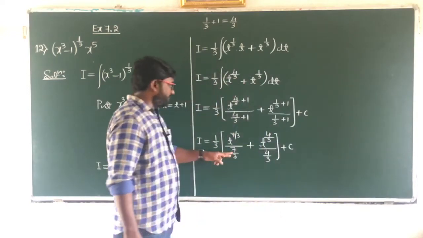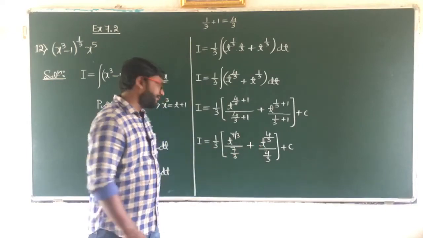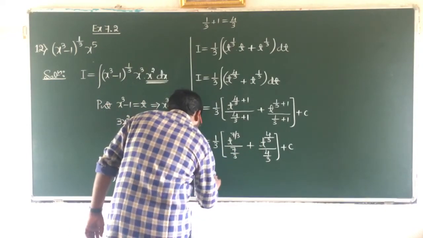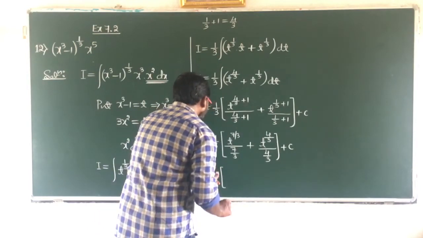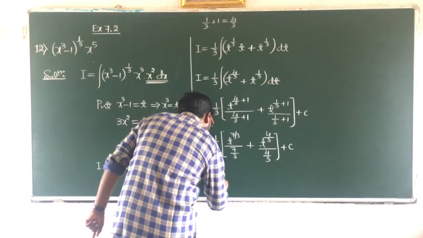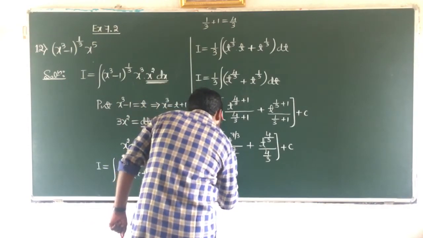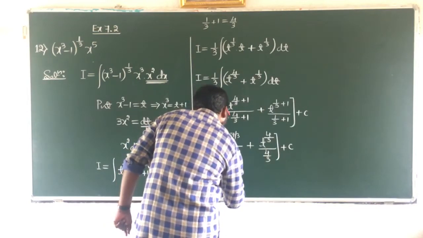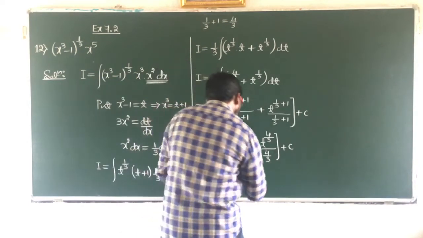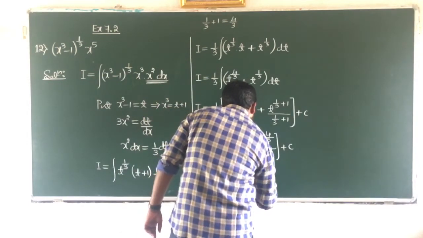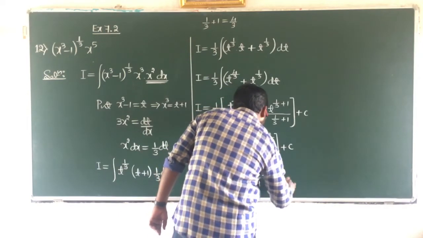So now take 7/3 to the numerator, it becomes 3/7, and here it becomes 3/4. I is equal to, sorry, 1/3, not 3. So I write 1/3 as it is. Then this goes to the numerator: 3/7 into t^(7/3) plus 3/4 into t^(4/3), plus c.